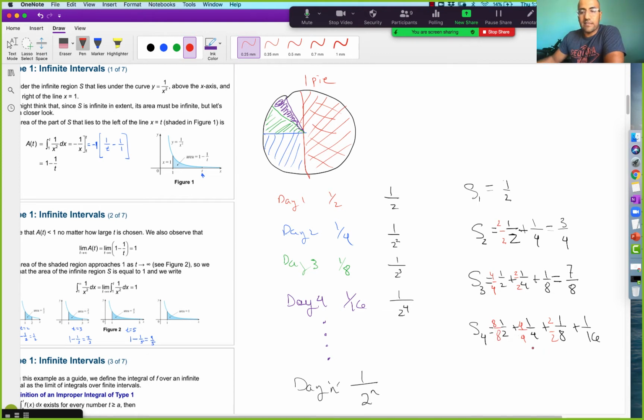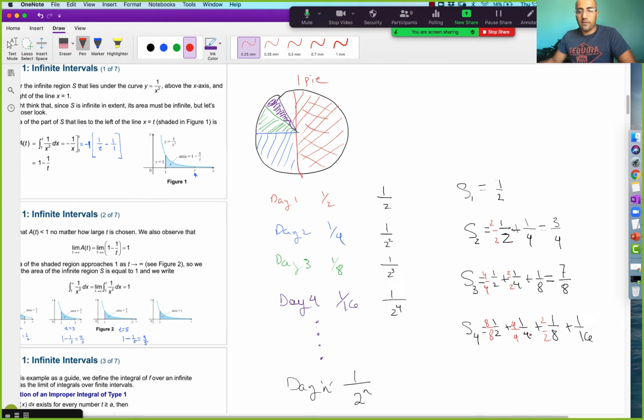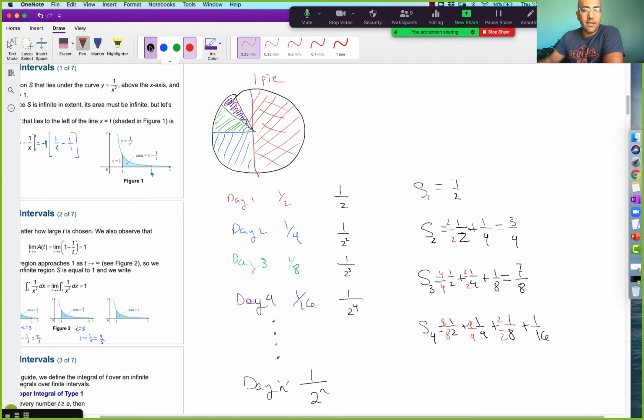So they'll all have 16 in the denominator. And so this will end up being 8 plus 4 makes it 12, 14, 15 over 16.